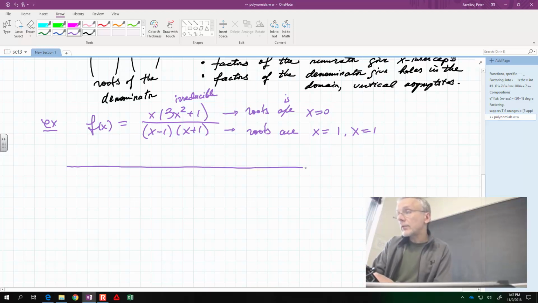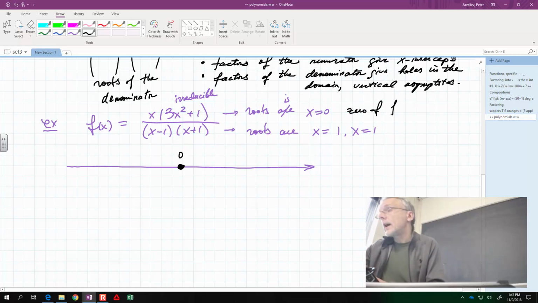So just like last time, I will list these 3 numbers on the x-axis, and I'll mark them differently. So 0, I will put a thick point here to emphasize that it is an actual 0 of f, while these are holes in the domain.